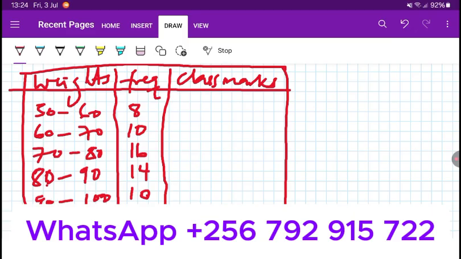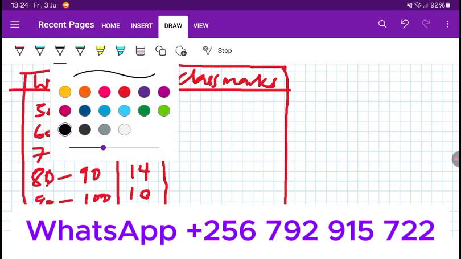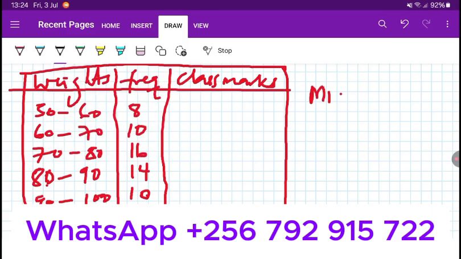So we can first get the midpoints. We say that for us to get the midpoints, we add. These are exclusive classes, meaning the class boundaries are the same as the class limits. So these can be class limits or class boundaries.